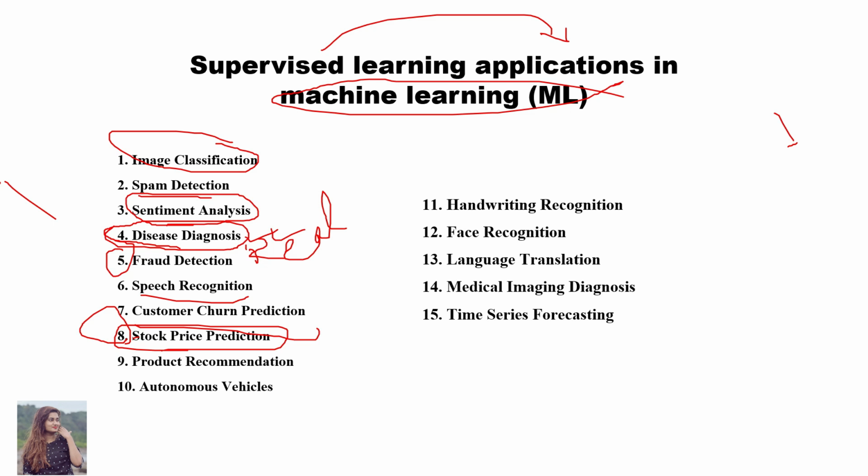See, now the product recommendation. Recommendation means a system that has been created, like a default or embedded system. So product recommendation means predicting which products a user is likely to purchase based on their past behavior and preferences. In e-commerce, as I told you, platforms like Amazon use supervised learning to recommend products to customers based on their history, purchases, and products.